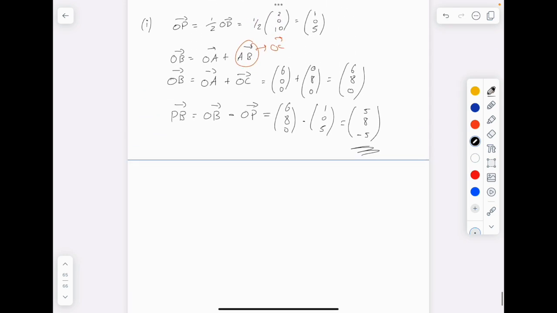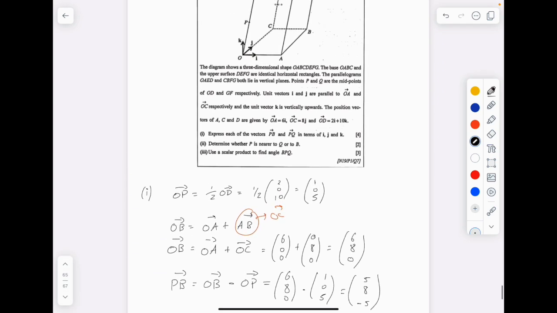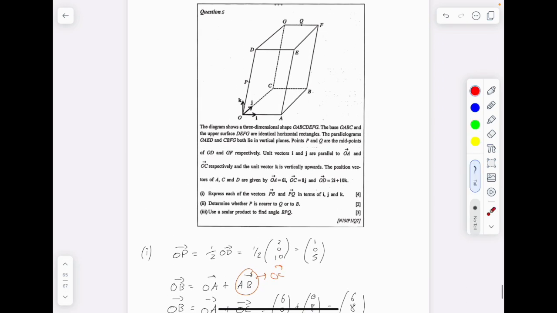Well, what is OQ? Well, OQ, if we look up here, how do we get to OQ? The most obvious way would be to do OC plus CG, okay, plus GQ, right? So OC plus CG plus GQ, okay?